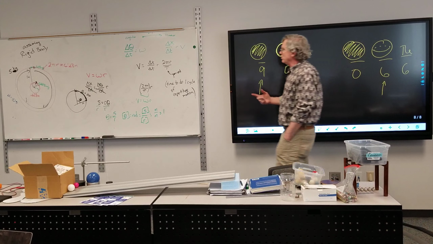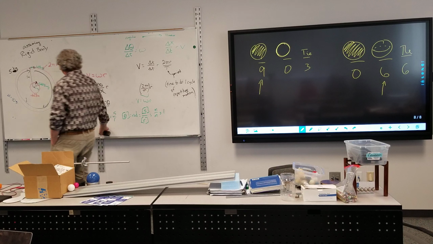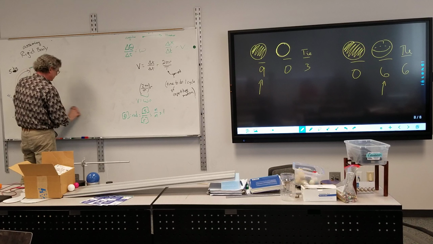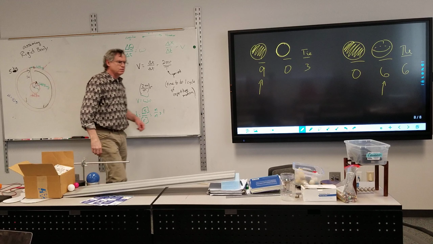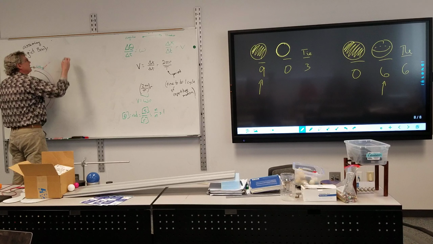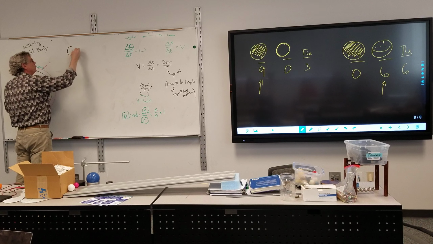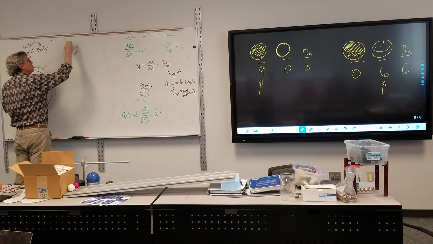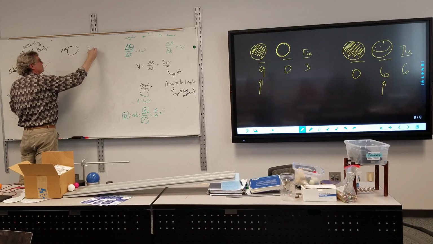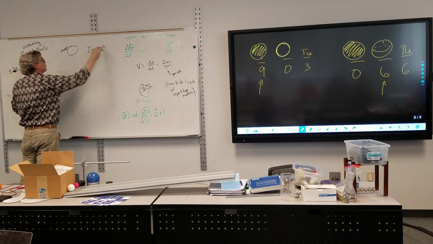You know what I'm going to do? I'm going to write some formulas over here, coming from the book, page 138. Okay, so page 138. A hoop rotating about its center: the moment of inertia is m r squared.